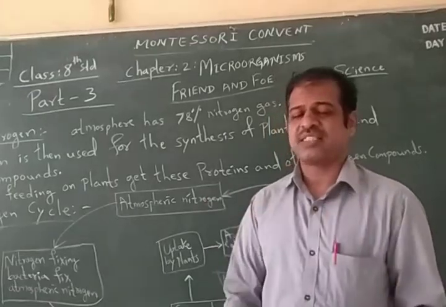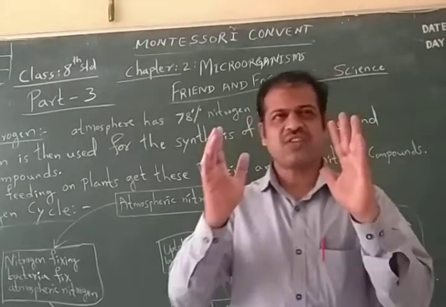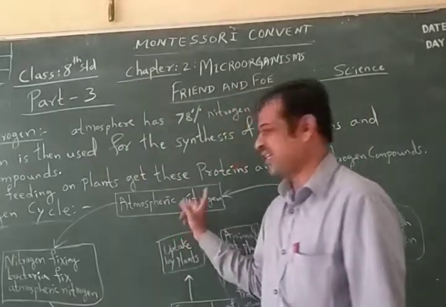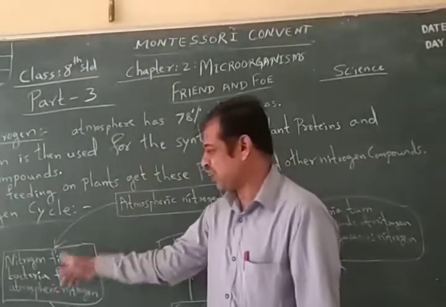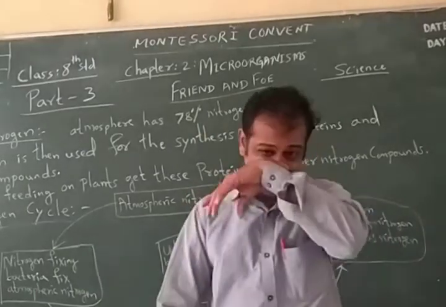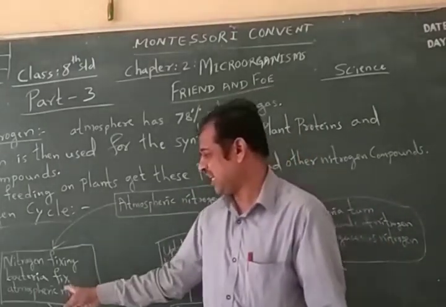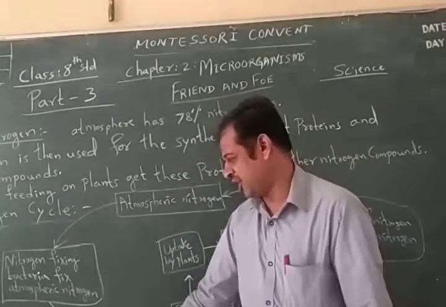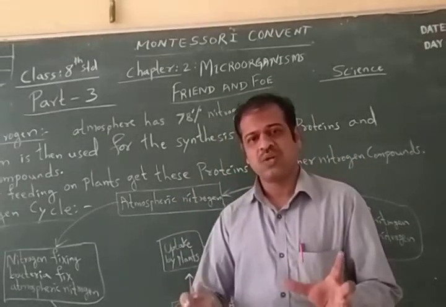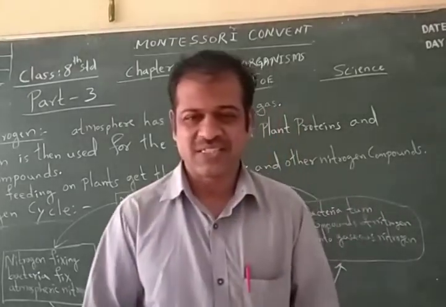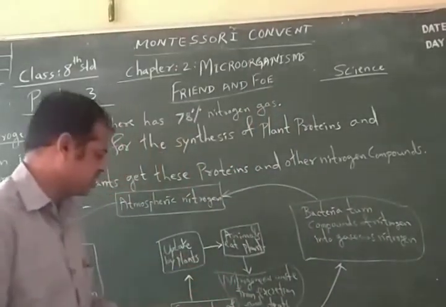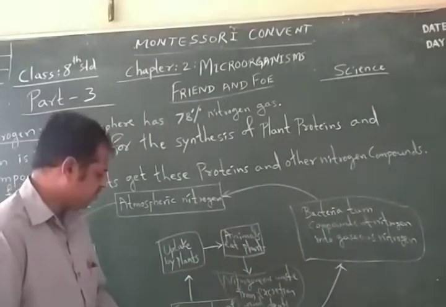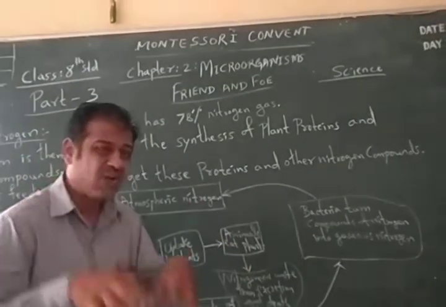While in your examination, think first of all: in the atmosphere, nitrogen is there, atmospheric nitrogen. What happens after? Nitrogen fixing bacteria fix the atmospheric nitrogen. That fixed nitrogen is converted into nitrogen compounds. Compounds of nitrogen are present in the soil.